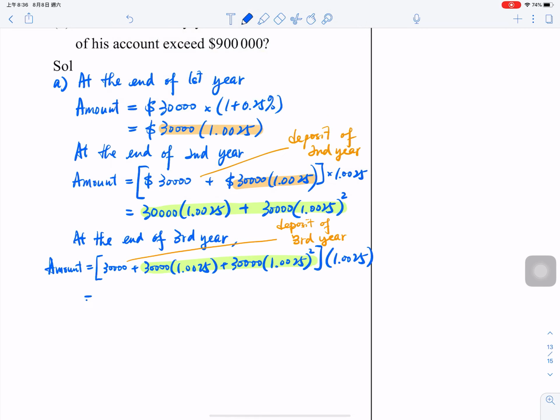You get this one. So the amount becomes this one times 1.0025 plus 30,000 times 1.0025 to the power 2. 30,000 times 1.0025 cube. Clear?